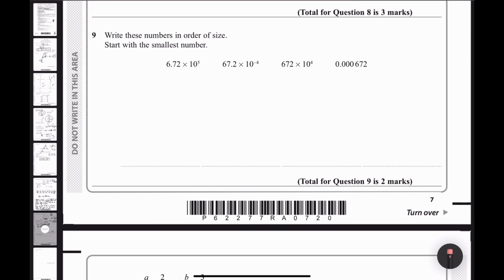Let's convert the first number into the ordinary form. So it's 6.72 times 10 to the power of 5. Since this 5 is positive, our decimal will move 5 places to the right. 6.72, it will go 5 places to the right. 1, 2, 3, 4, 5.